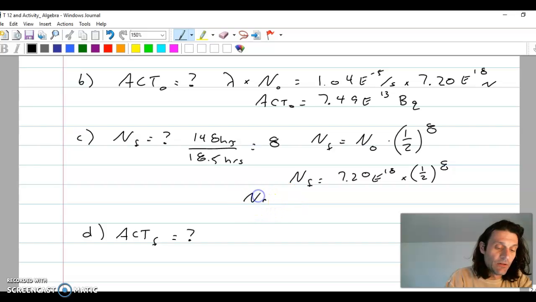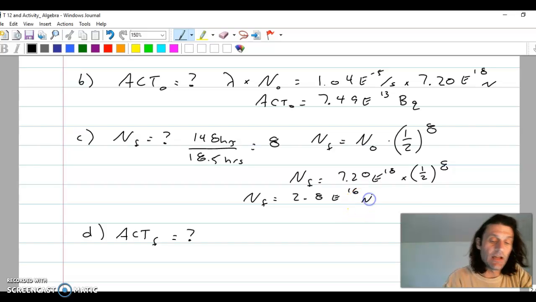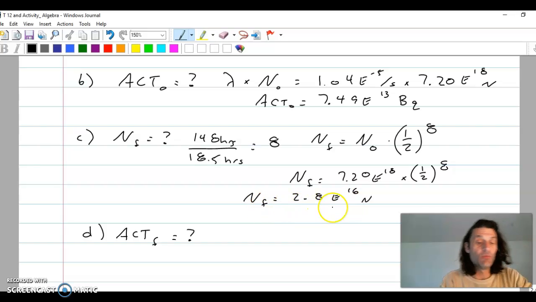I come back, that number is 2.8 times 10 to the 16th nuclei. We usually just call it N, or you could write out nuclei. So that's our final amount, 2.8 times 10 to the 16th. It's 1/2 to the 8th amount of what it used to be.